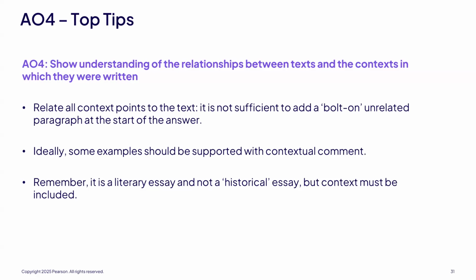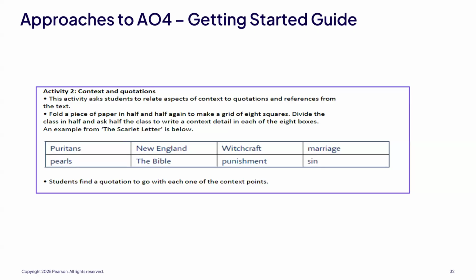Now, in the Getting Started guide, there are some approaches to teaching AO4. And this is Getting Started Guide SO10, page 56. It's a very nice little way of linking the text and the context together. This one is from The Scarlet Letter, but hopefully you can see how this would work. We're looking again for this AO4 context.